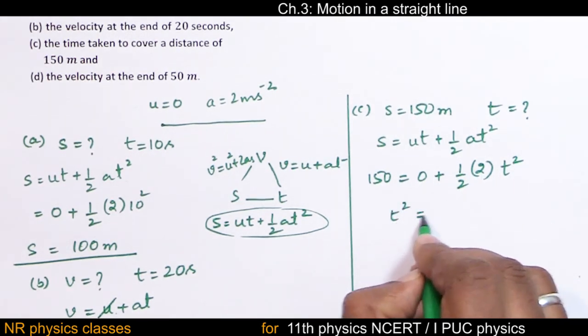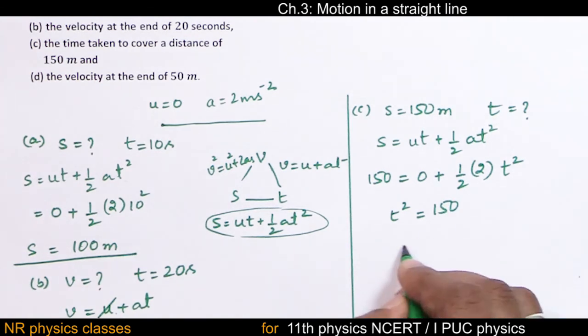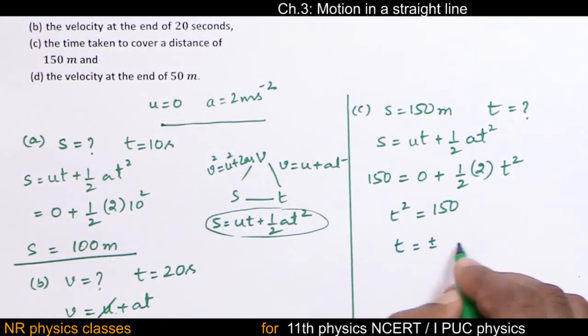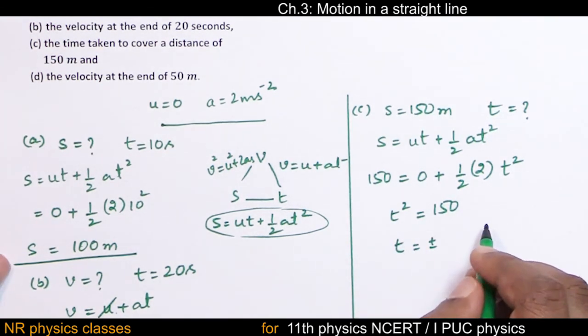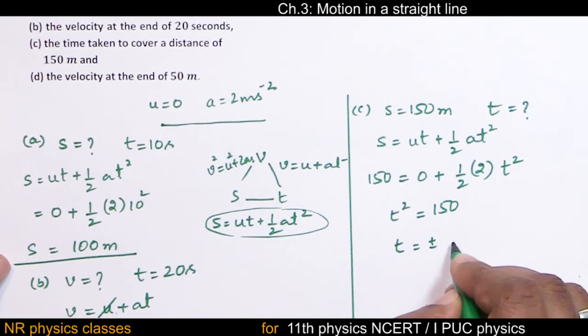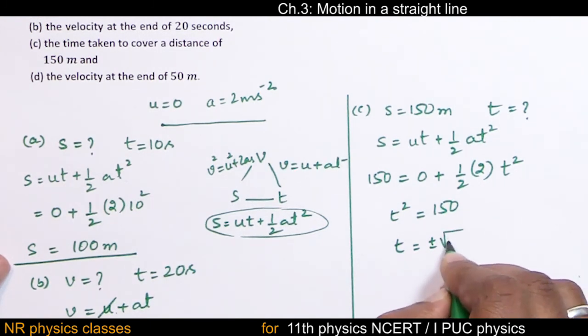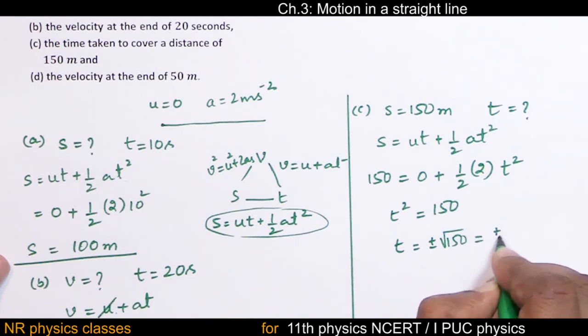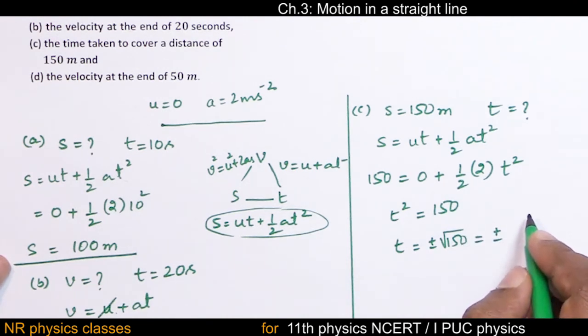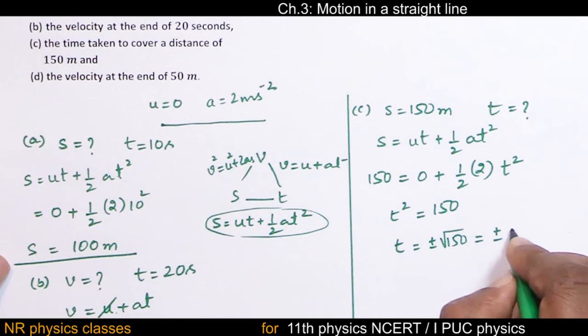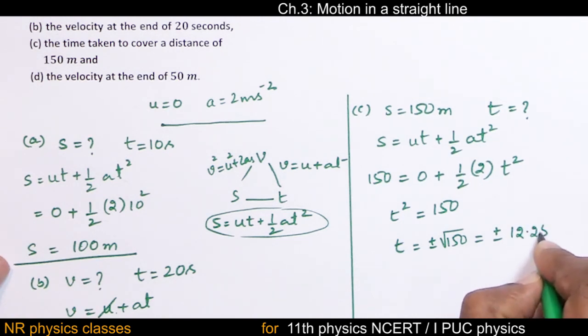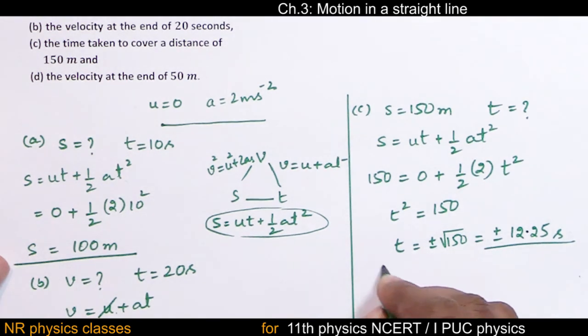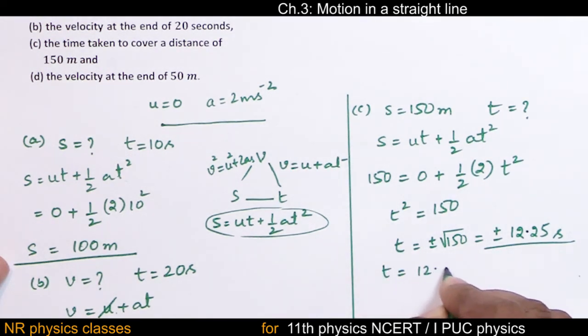So t square equals 150, or t equals plus or minus root of 150, which is 12.25 second. So t equals 12.25 second.